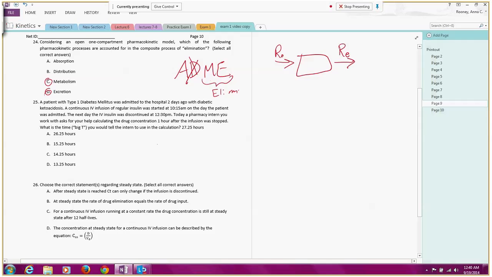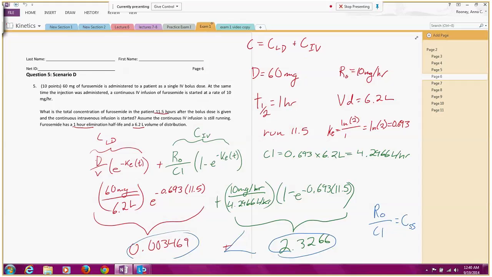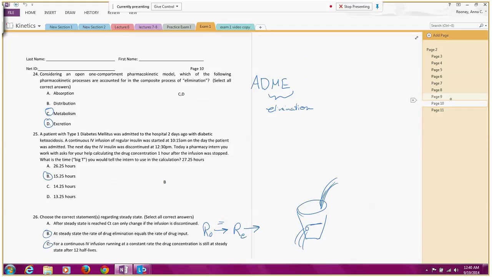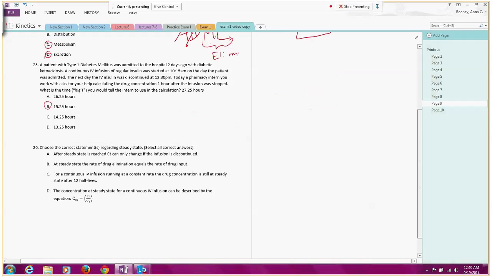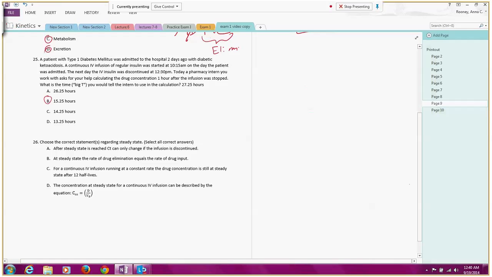This one was, could you do math? Very simple math. I believe the answer was 15.25. I don't have the, actually, haha, I do have that. Yes, it was B. That one's just, can you tell what part of the equation that is?